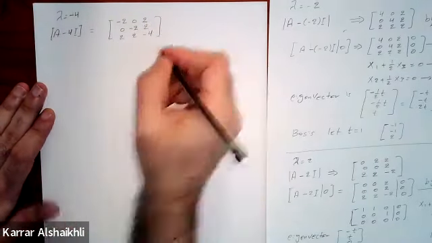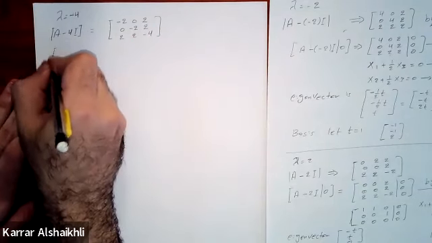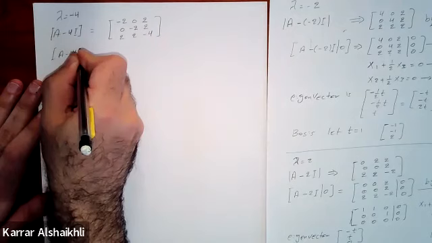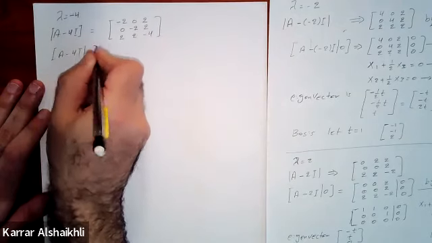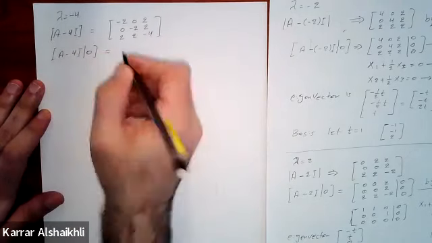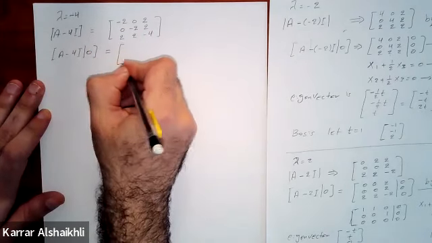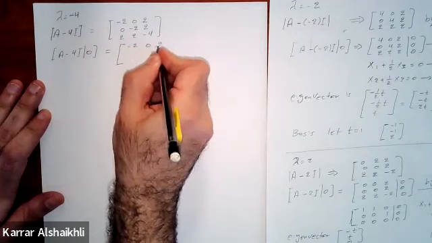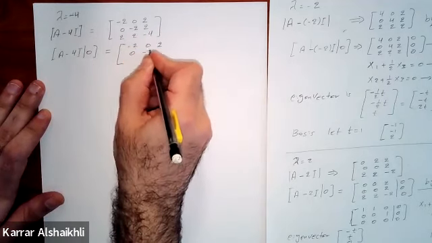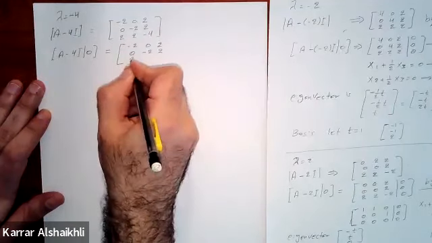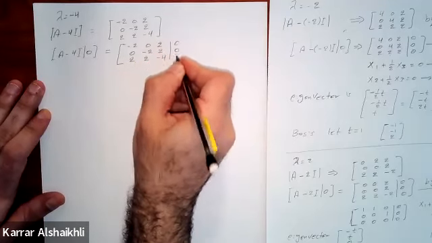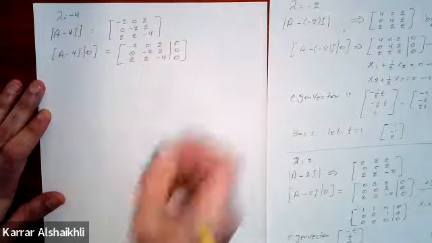Then by reducing, I'm going to say A minus 4I with the 0, which is going to be equal. I can use row echelon form. Negative 2, 0, 2, 0, negative 2, 2, and 2, 2, negative 4. Are you sure that's negative 4?